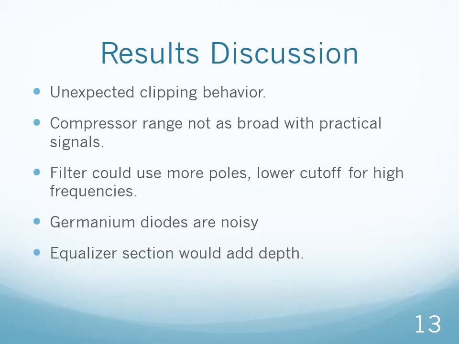In terms of discussing the results, the clipping behavior in practice was kind of unexpected, and I already covered what was different about that. The compressor range was not as broad with the practical signals, meaning that with the input signals as I had them, it was like when I was using the function generator, it was very clear the compression had an effect all the way.